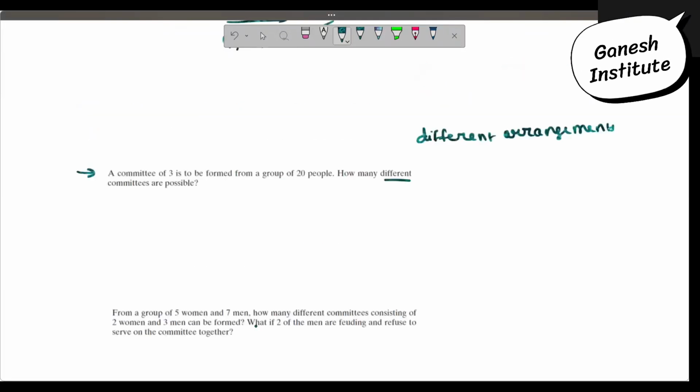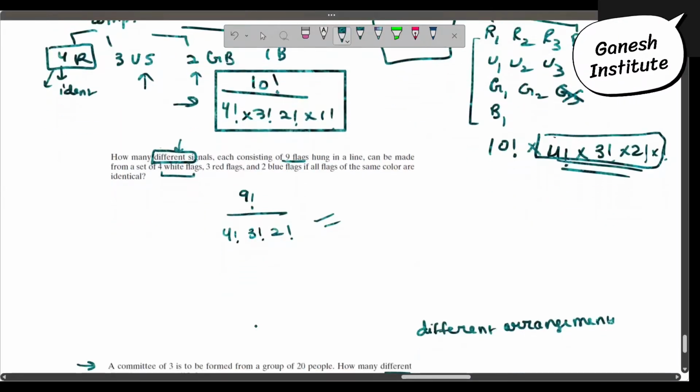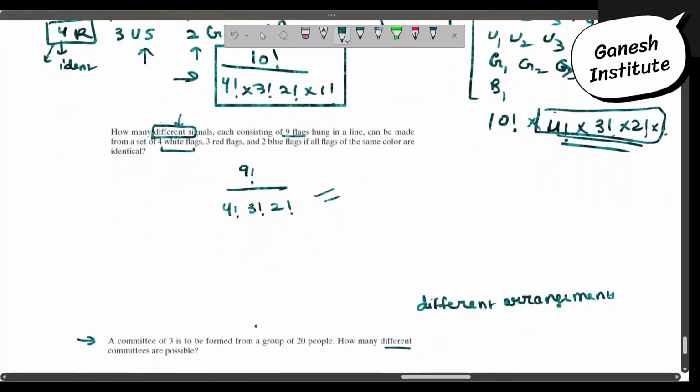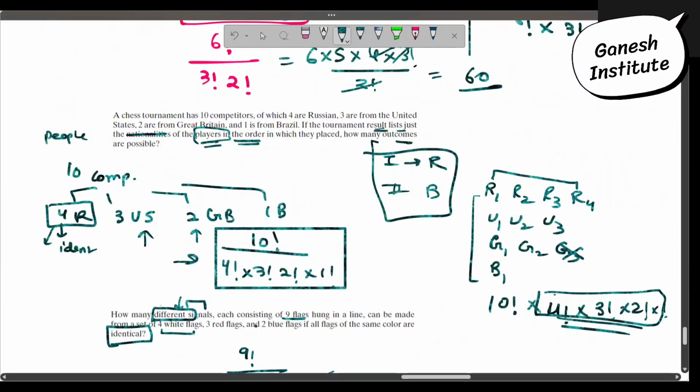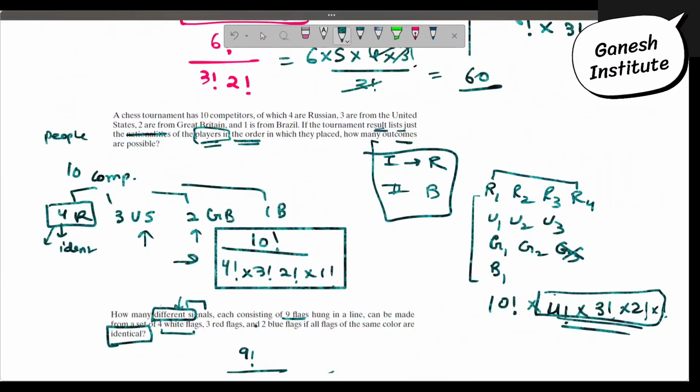and also when we see the last thing, a different signal can be made from a set where all flags of the same color are identical. When this bit has been mentioned, identical or non-identical, and here it was, if the tournament results, how many outcomes are possible? The order was the keyword.